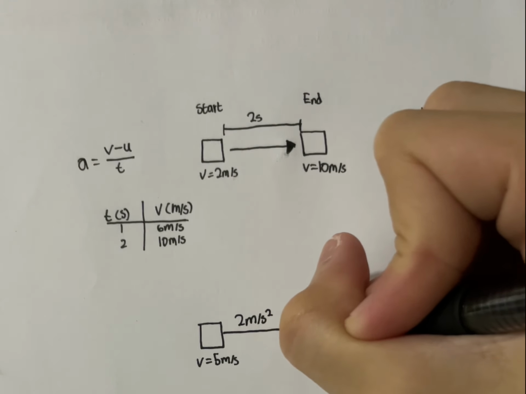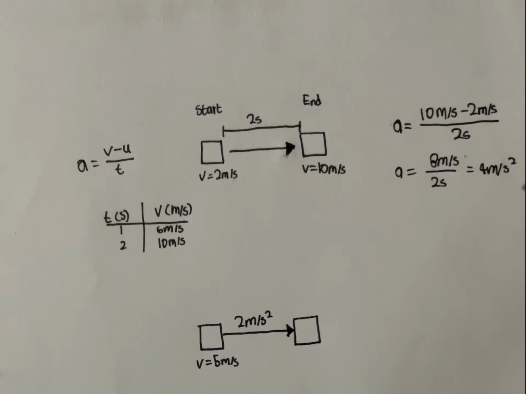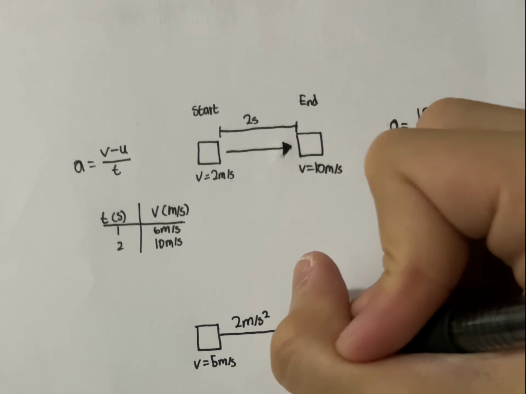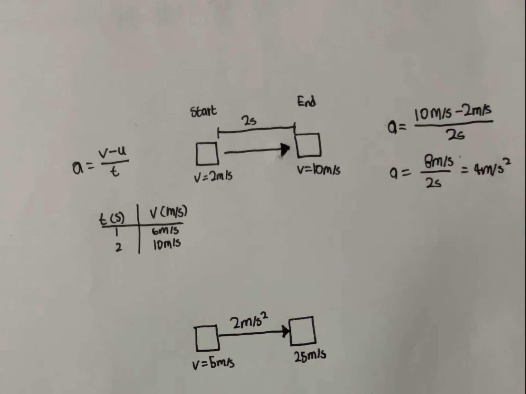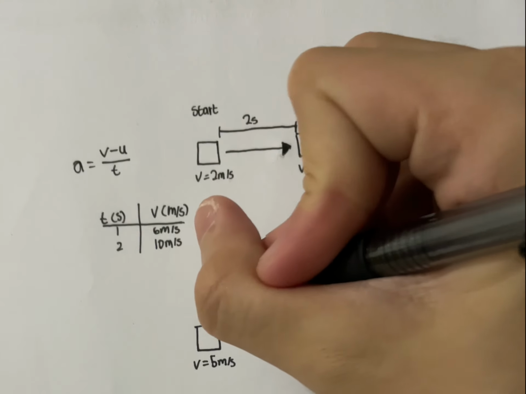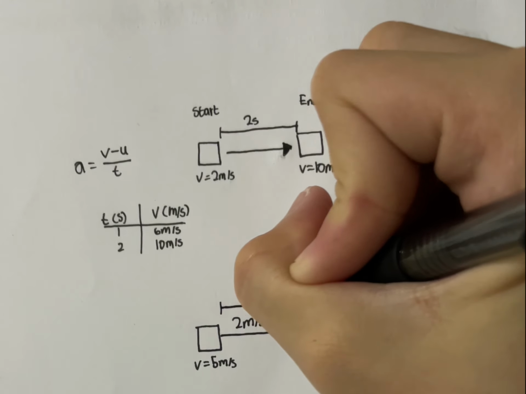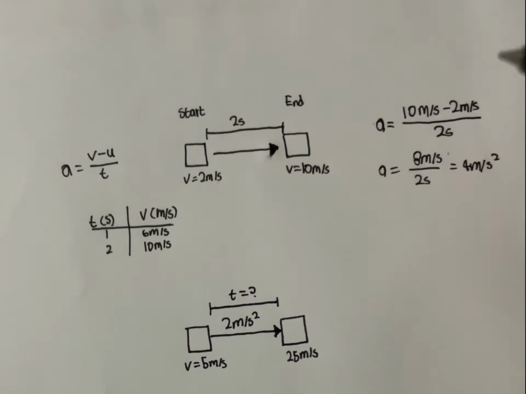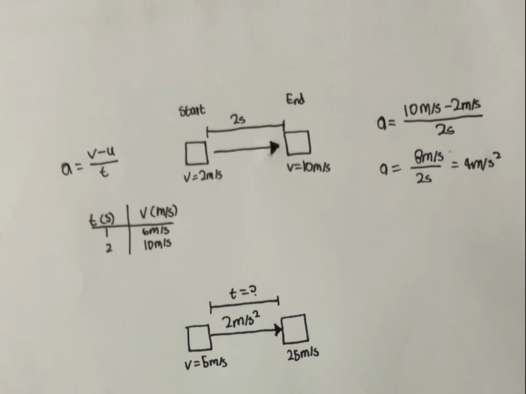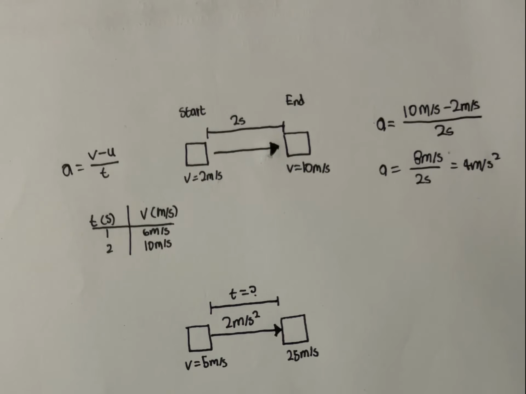And then it has a final velocity of, let's just say, 25 meters per second. Right? Okay. Now let's see if we can calculate the time taken for this car to get to 25 meters per second from 5 meters per second, if its acceleration is 2 meters per second squared.